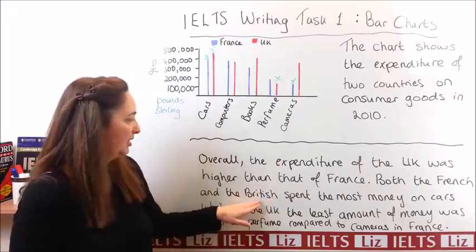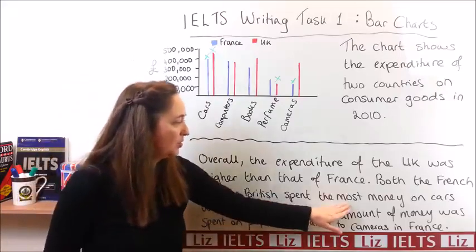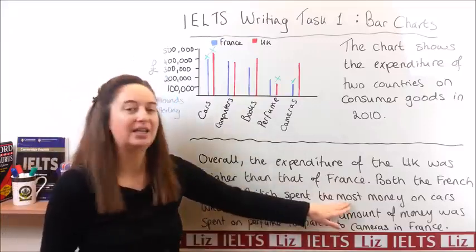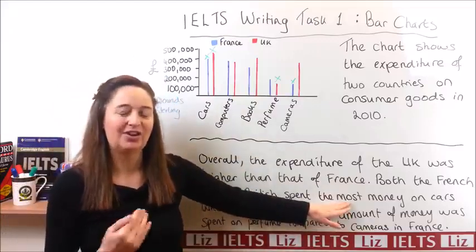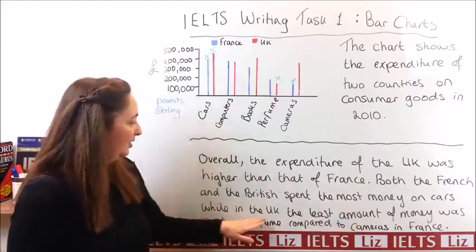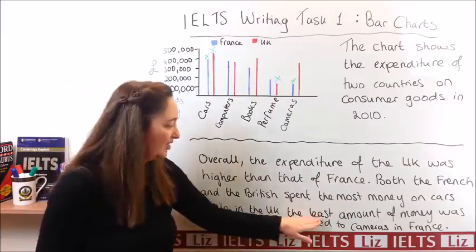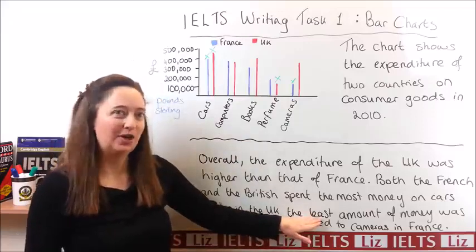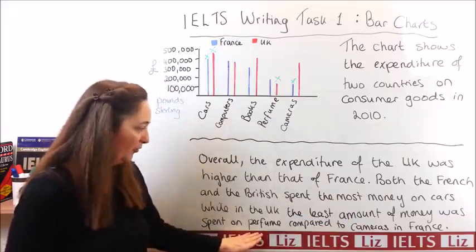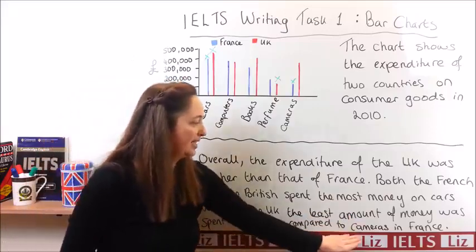Both the French and the British spent the most money on cars. And here we've got a superlative, so the highest, the most. While in the UK, the least, again this is a superlative, the least amount of money was spent on perfume compared to cameras in France.